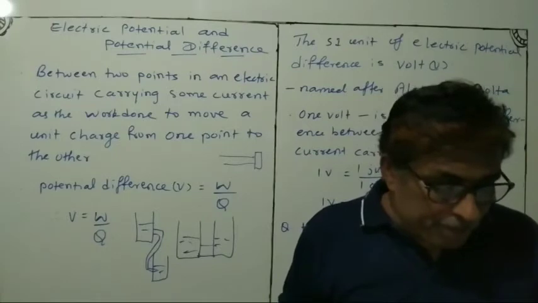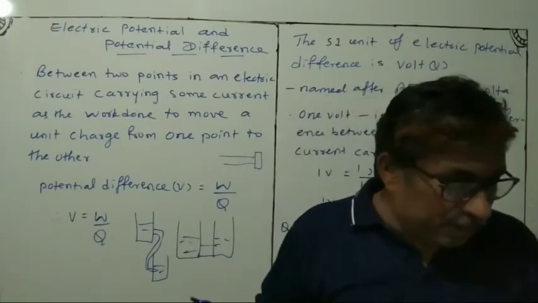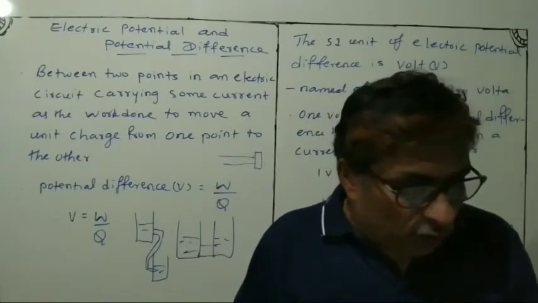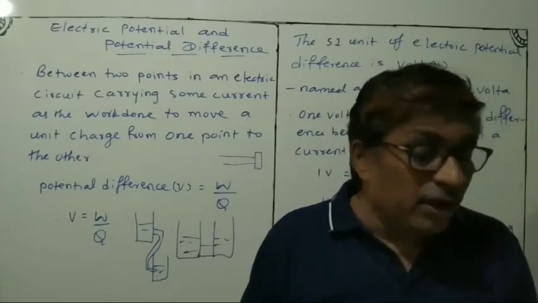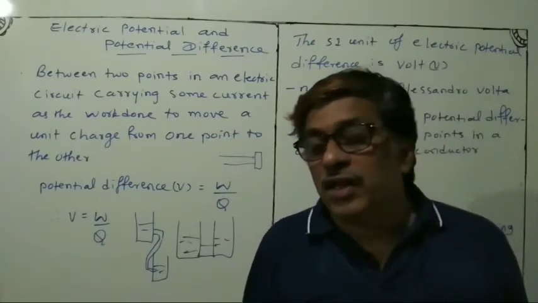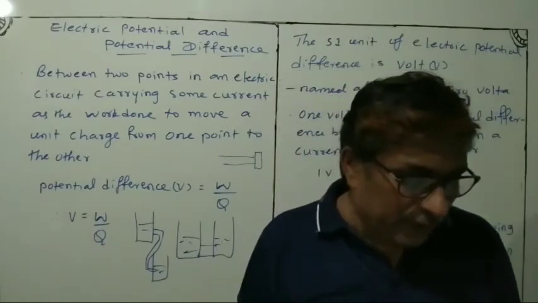For the flow of charges in a conducting metallic wire, the gravity of course has no role. The gravitational attraction has no role to play.